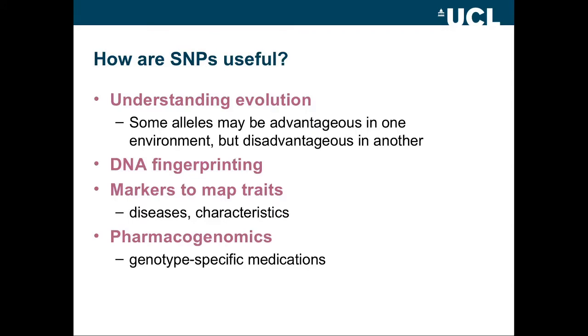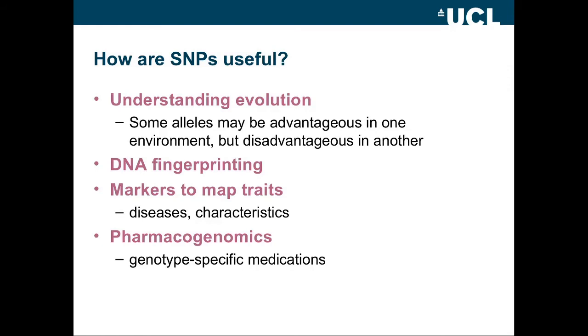Now, SNPs, polymorphisms, are really quite useful in a number of ways. We can use them in understanding evolution, so some alleles may be advantageous in one environment but disadvantageous in another, and therefore we can track the presence of certain alleles throughout evolution and throughout the spread of populations throughout the world.